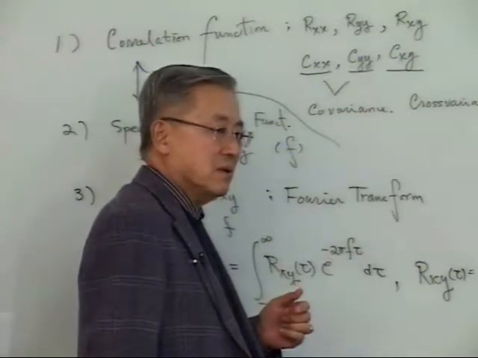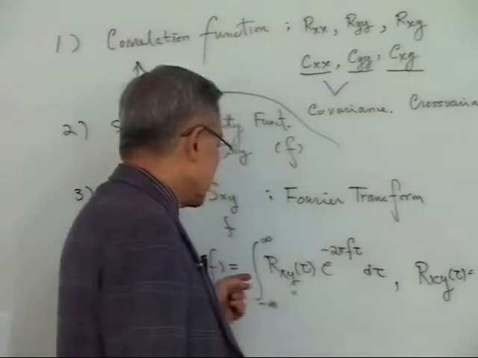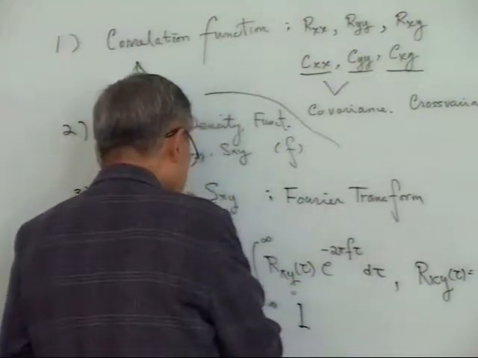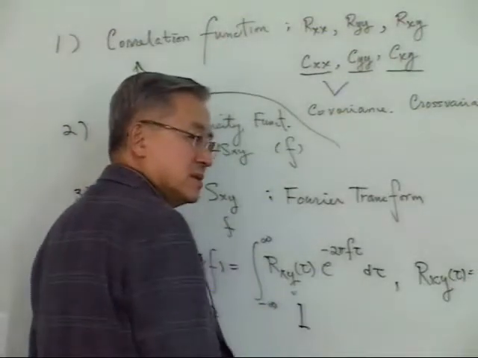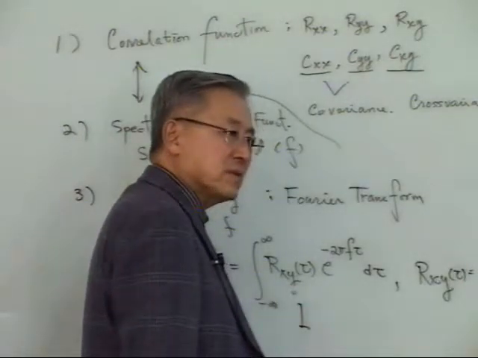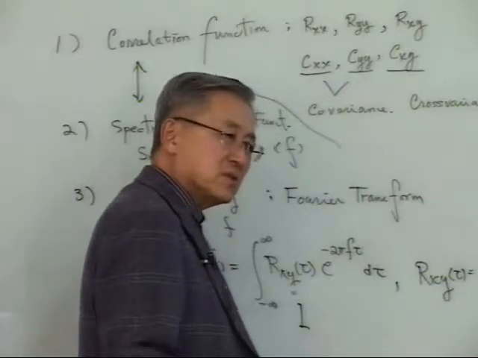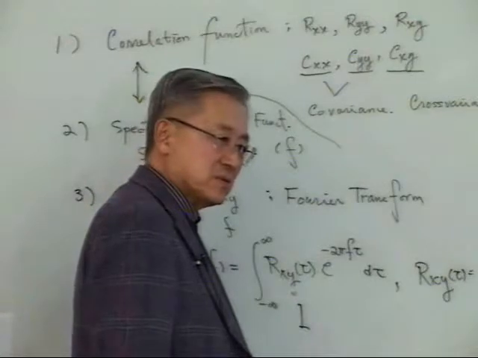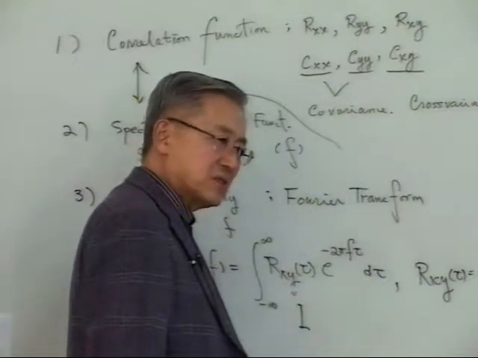But nowadays, they don't do that. It's not going this way, then this. So use a fast FFT routine to directly get the frequency domain function, the spectral function, much faster.